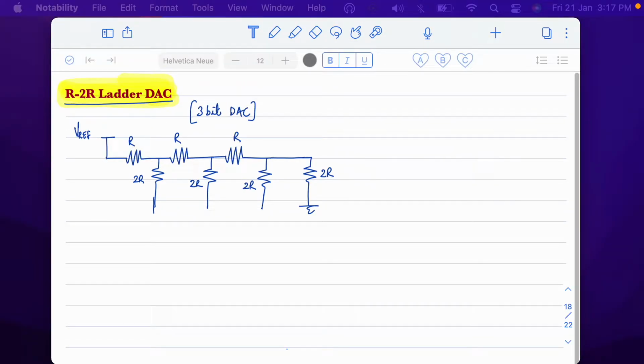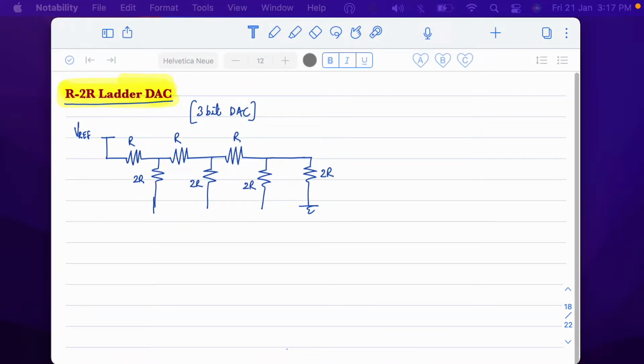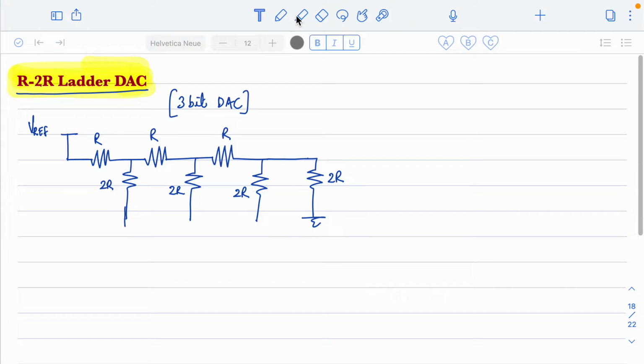Now we have to provide the digital input data, right? The data will be presented to the bottom end of this 2R resistor.